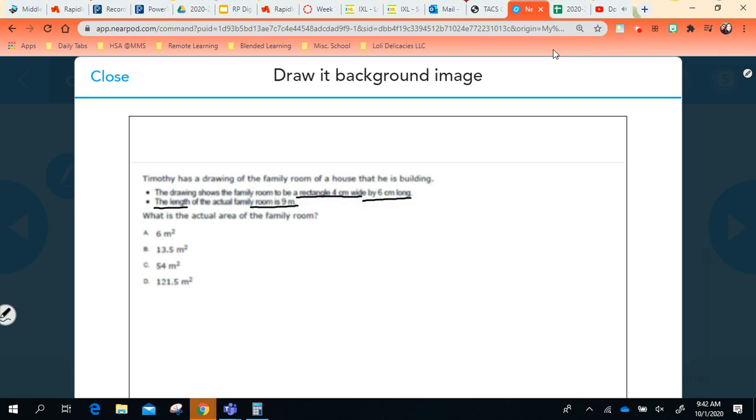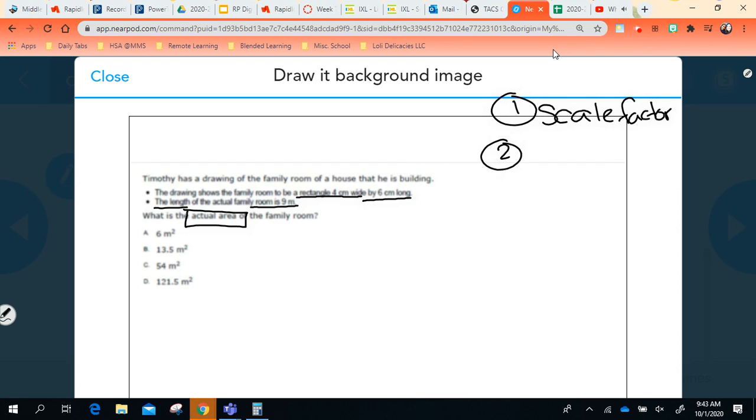What is the actual area of the family room? So before we even start our T-chart, I want us to figure out what I need to solve for. So the first thing I need to find is what? The scale factor. Because I can't figure anything else out without my scale factor.